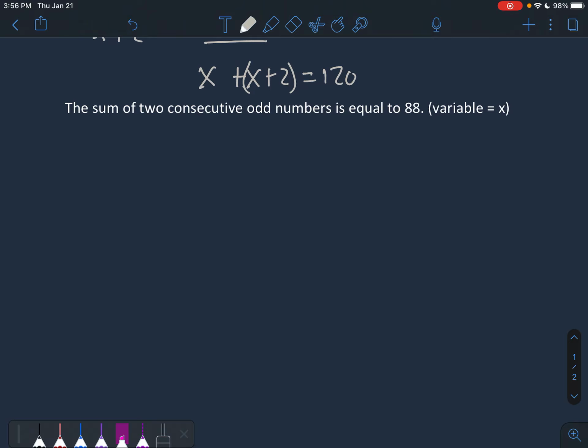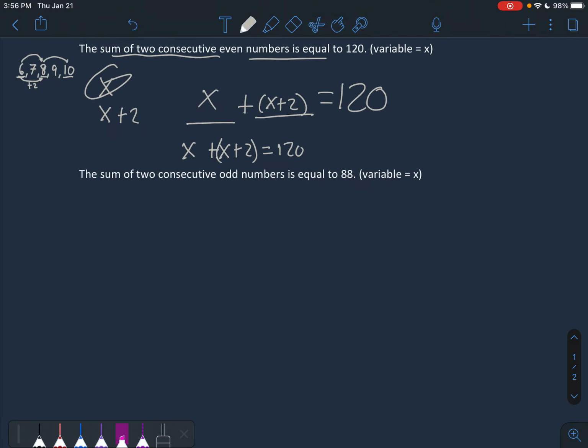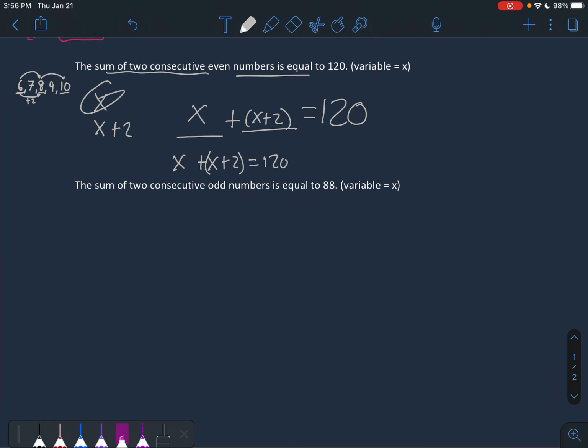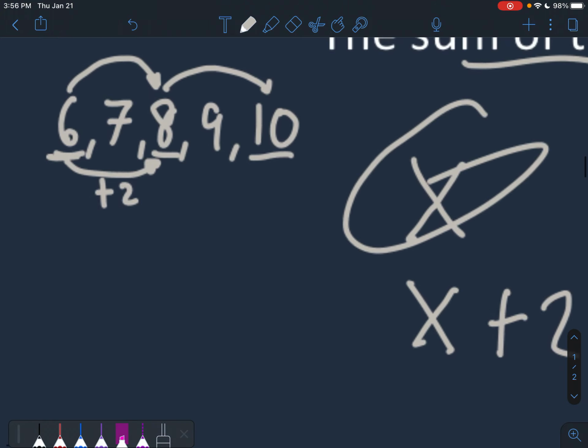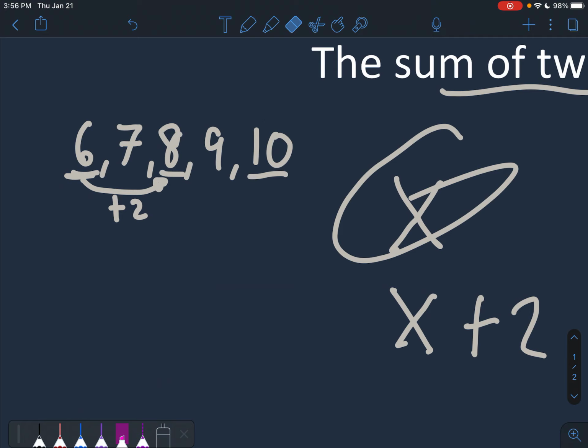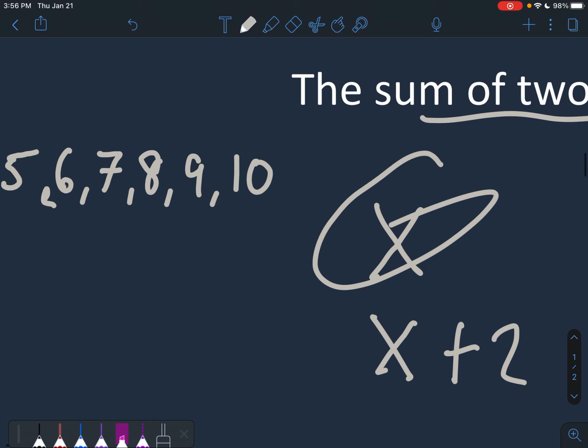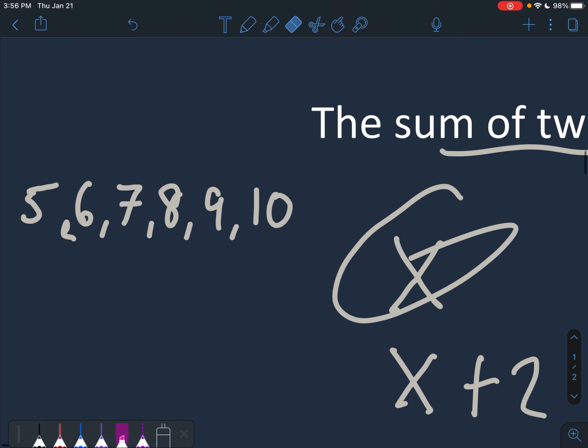The sum of two consecutive odd numbers is equal to 88. Kind of along the same lines here, now just shift it 1. Let's just say our first number that we're starting with is going to be 5. So 5 to 7, we're adding 2. 7 to 9, we're adding 2.